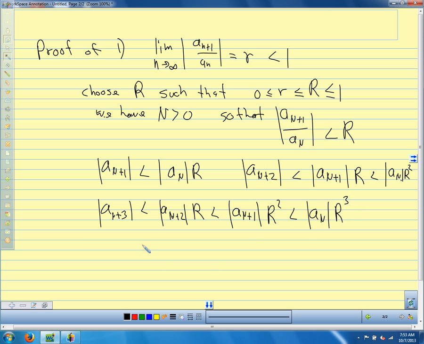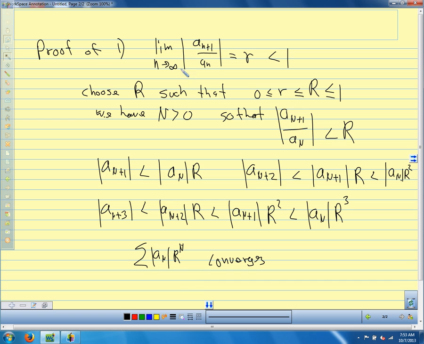Well, this geometric series, the absolute value of a sub n times r to the n, converges. A sub n is just a number, and r is our ratio. So this converges.